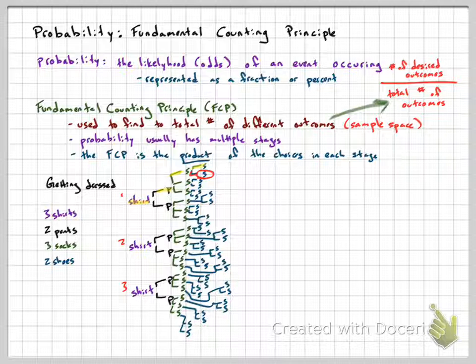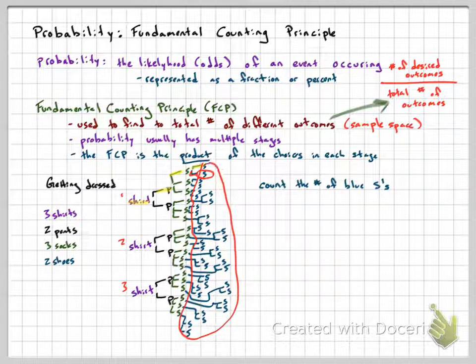So even though 3 of the 4 elements are the same, the fact that the 4th element is different means it's a completely different outfit. So what's the total number of different outfits? We count the number of blue S's. You would go all the way down and count all of these over here. That gives us our total number of possible outfits, which in this case is 36.